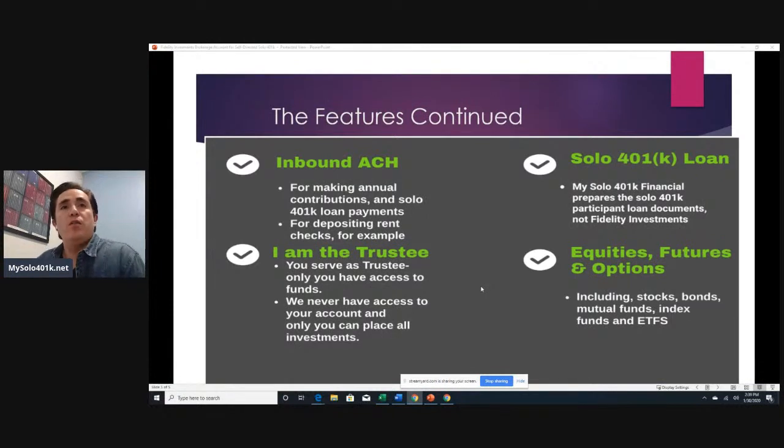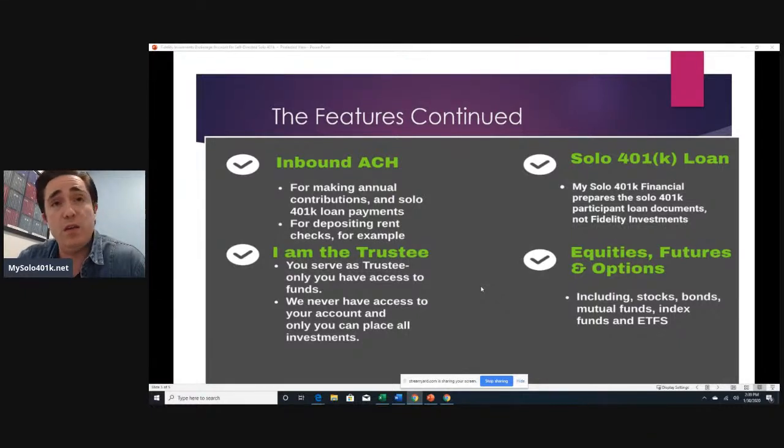So in terms of more features with the Fidelity account, Fidelity does accommodate inbound ACH payments. So let's say you have a rental property inside your solo 401k, and your tenants need to make their monthly rent payments, and they want to do it by ACH. That's something that could be accommodated with that Fidelity account.